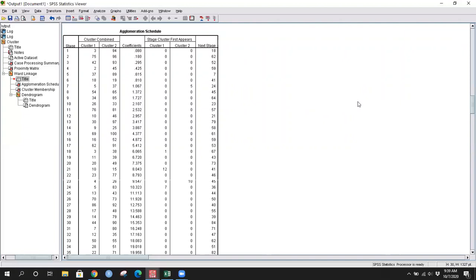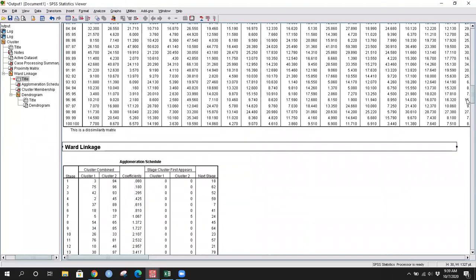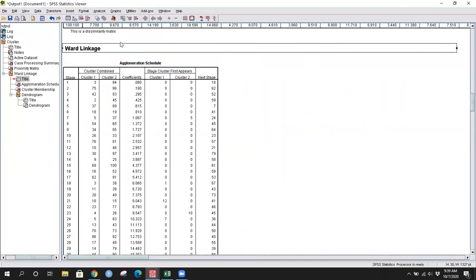Each row in this table shows the stage at which two cases are combined to form a cluster using the clustering algorithm and this distance measure. So the distance measure has been employed here, and the clustering method has been employed here, that is Ward's method.